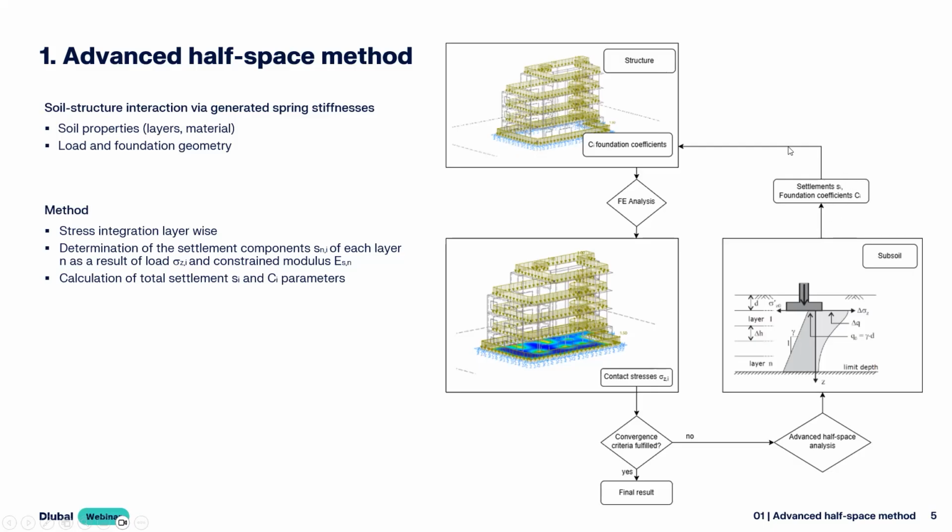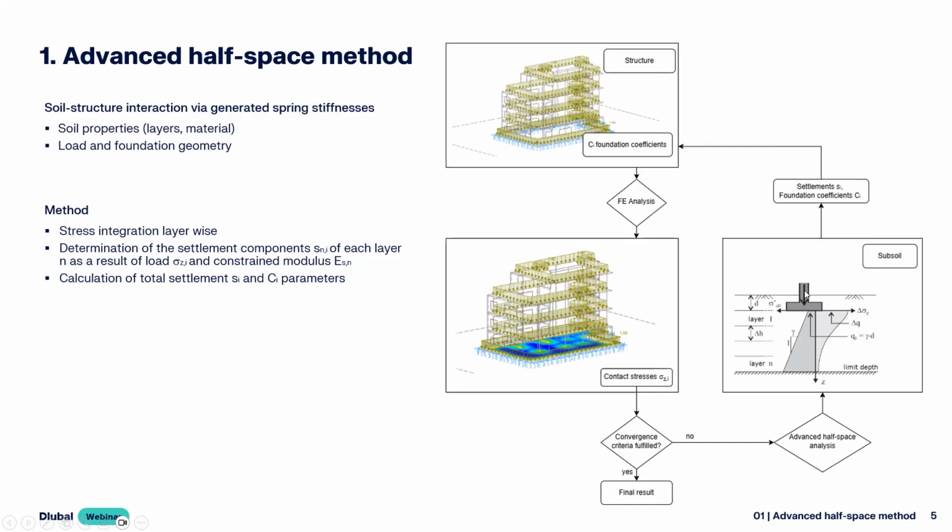Then these foundation coefficients go here to the model, and our surface supports and also line supports are updated. And then the next finite element analysis is started, and we have new contact stresses as the stiffnesses were a bit different. And then the convergence criteria is checked. Is it fulfilled? Then we would be at the end, we would have the final result. If it is not fulfilled, another advanced half-space analysis would be started with the updated contact stresses.